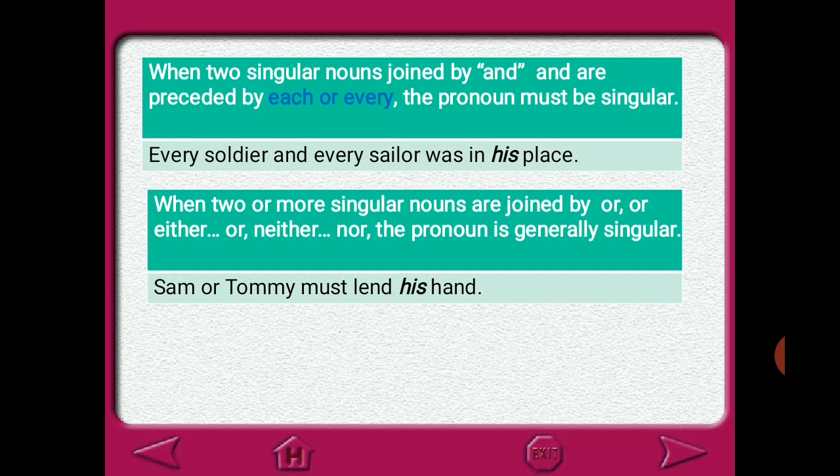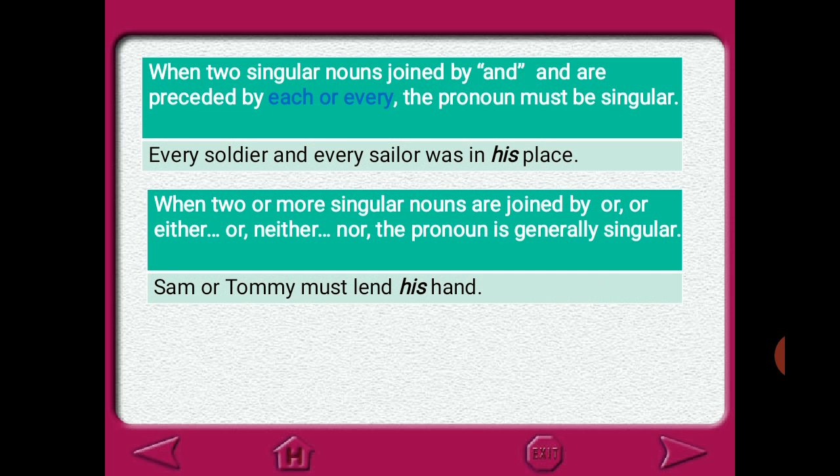Next point about personal pronouns is that when two singular nouns joined by and are preceded by each or every, the pronoun must be singular. Like in this example, every soldier and every sailor was in his place.